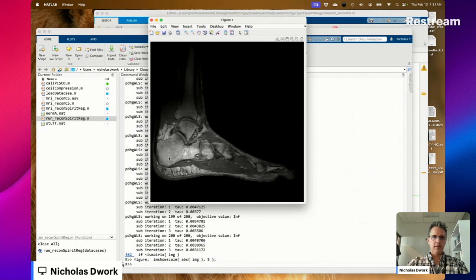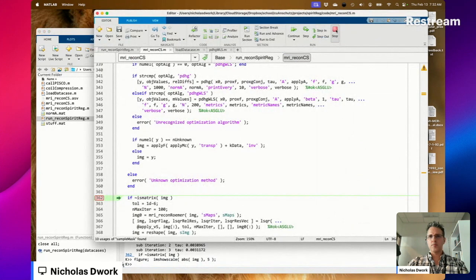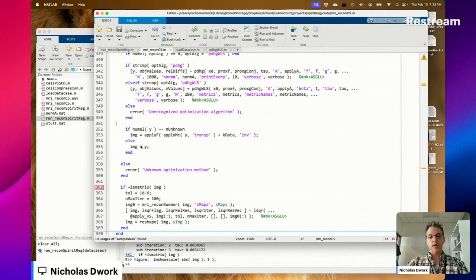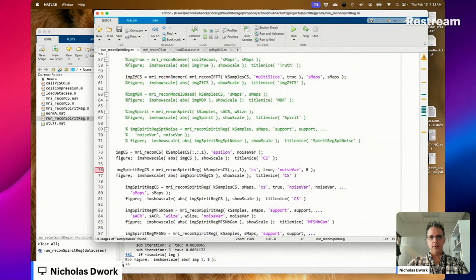And look in here. Okay. That might be what it does. I don't know.